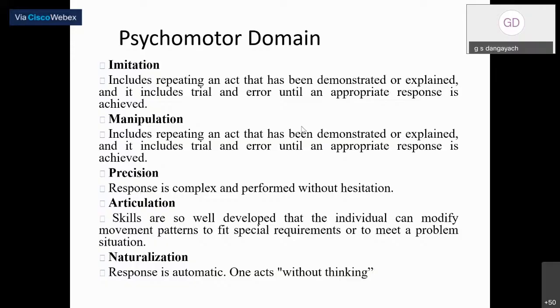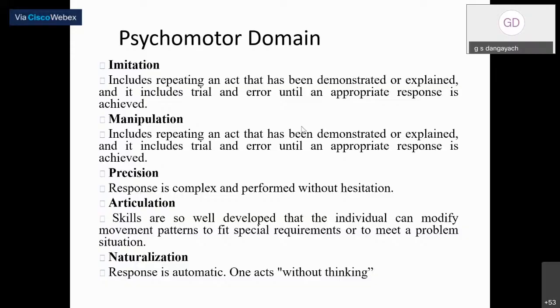Imitation means copying, repeating. So this is the first. Second is manipulation, which includes repeating an act that has been demonstrated or explained, with trial and error until an approximate response is achieved.